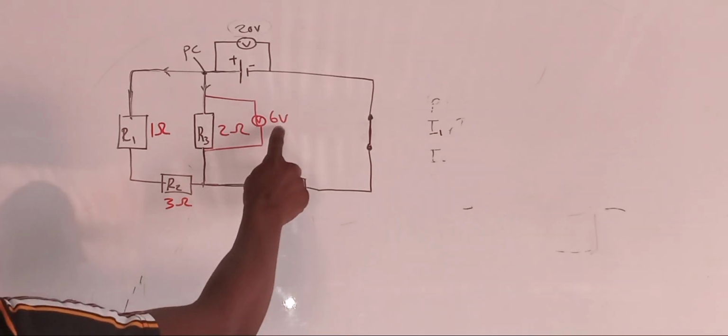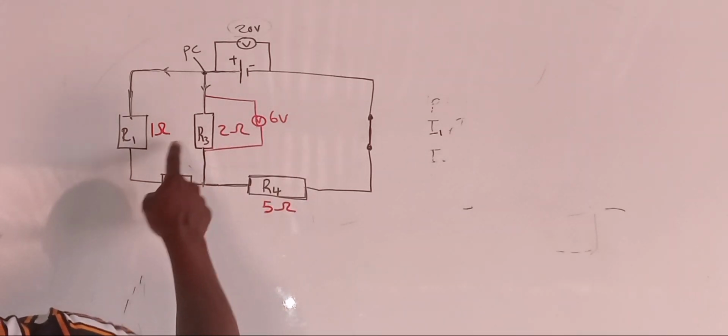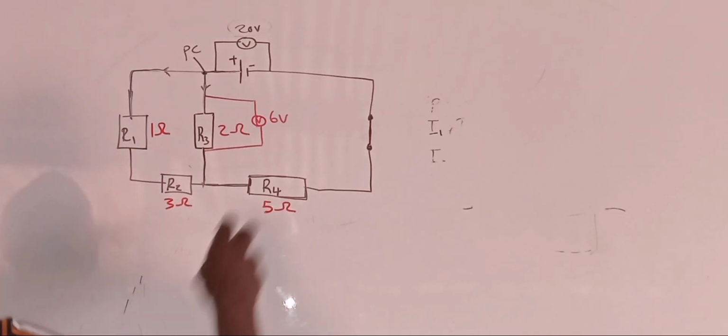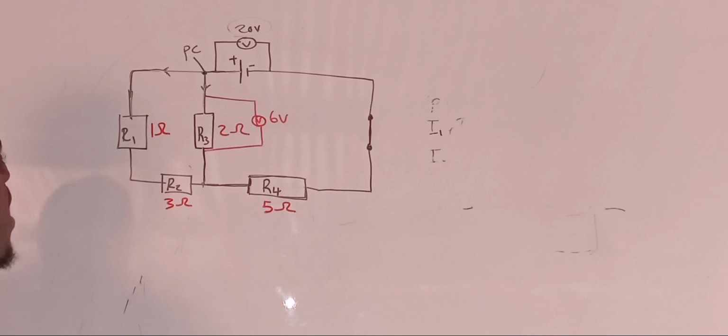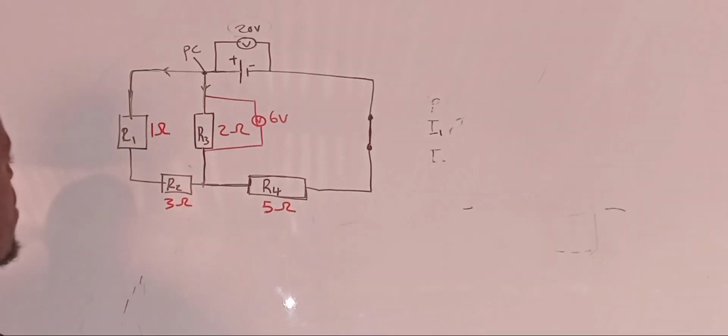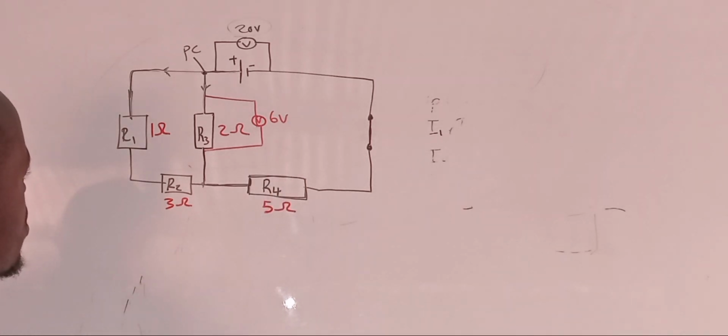So this voltage that is measured across the 2 ohm resistor or R3 is a parallel one, meaning that since these are connected in parallel, they share the same voltage. I don't know if you understand that.